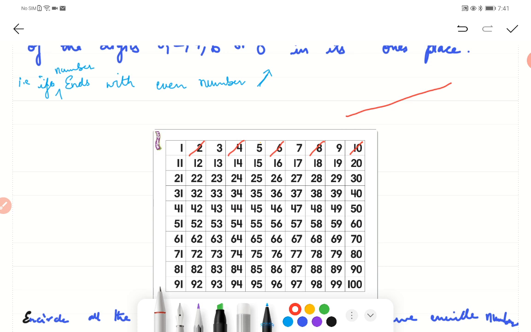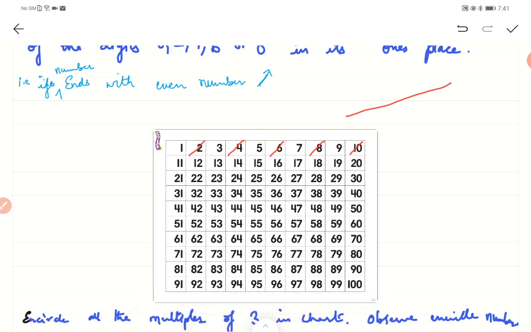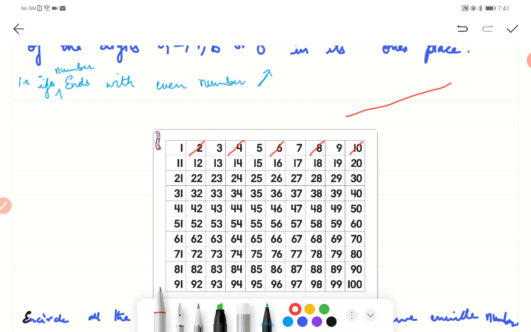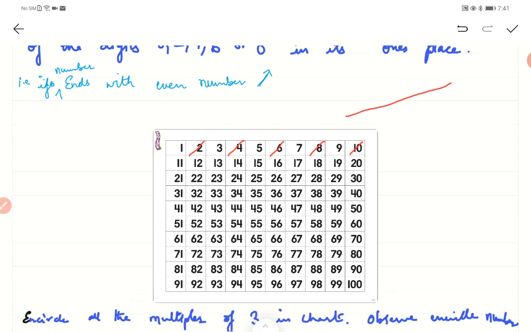So in the video you had seen two divisibility tests, for 2. So do you remember what that was? How do you find that your number is divisible by 2? You are going to check your units place, that is the ones place. If it is an even number, that is 0, 2, 4, 6, 8, at the units place or ones place, then the number is divisible by 2.